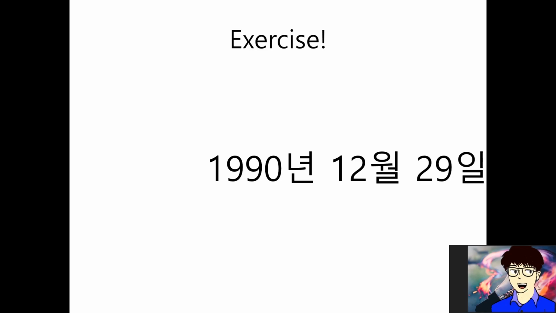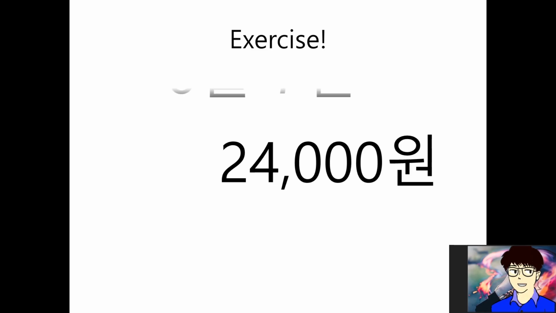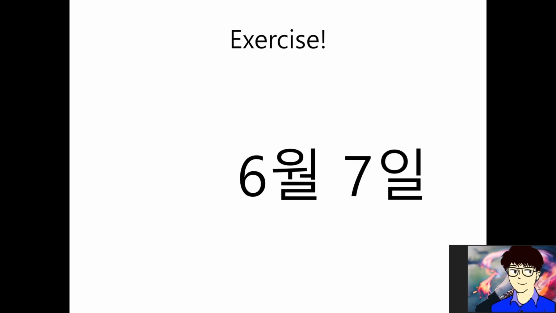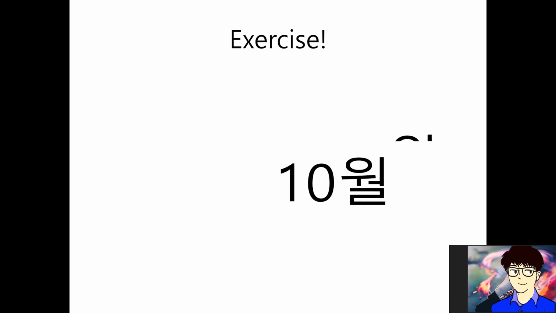Very good. And number 5. Can you read this? Yes, not 육월. You have to say 6월, right? 6월 7일. Number 6. Read that. Great. 10월, not 십월. 10월. Number 7.